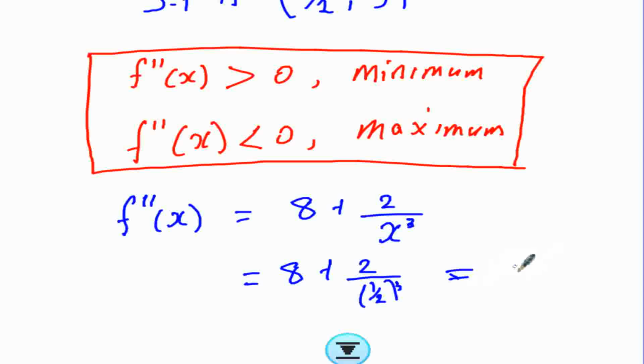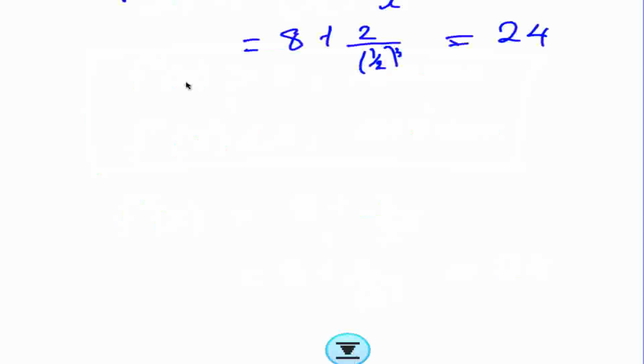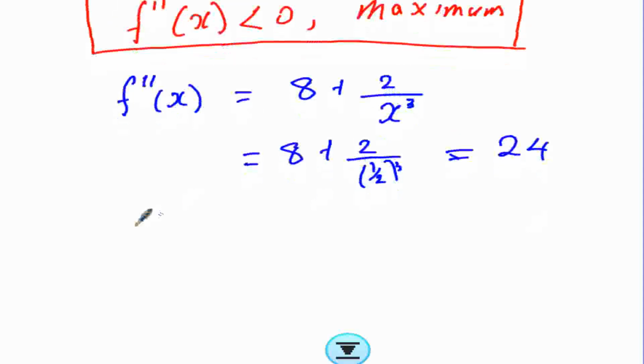So our second derivative is positive 24. And since we've said that if we get a value which is greater than 0, a positive number, the turning point is a minimum. In this case, our x, which was a half, and the y, which was 3, is a minimum.